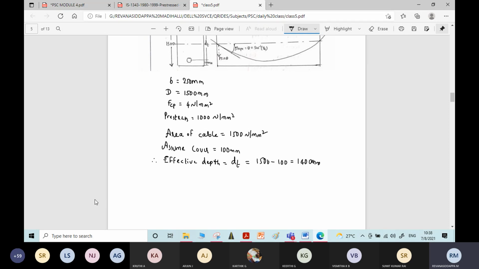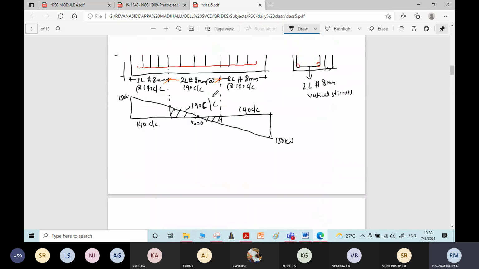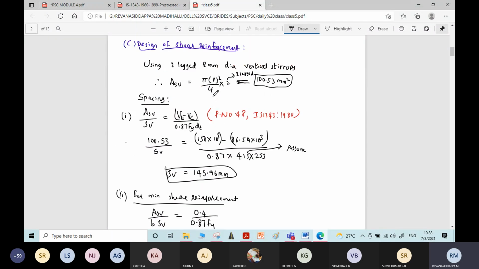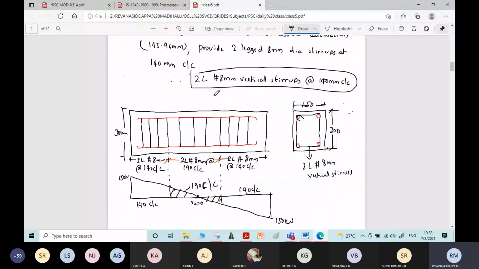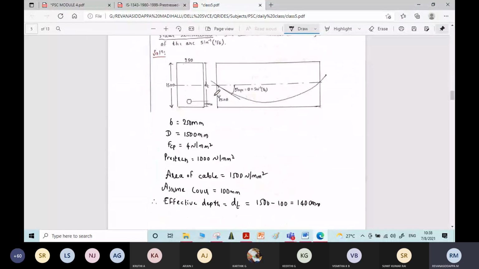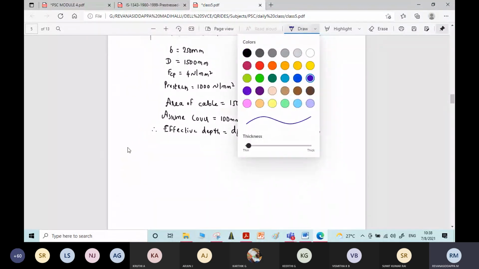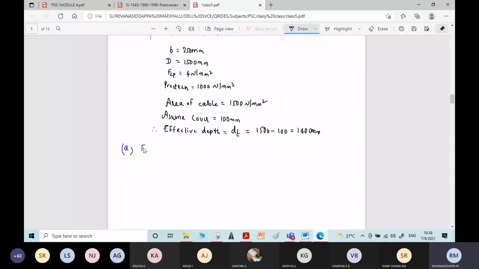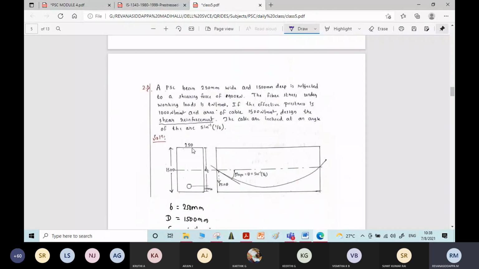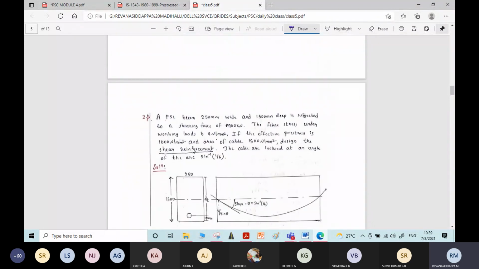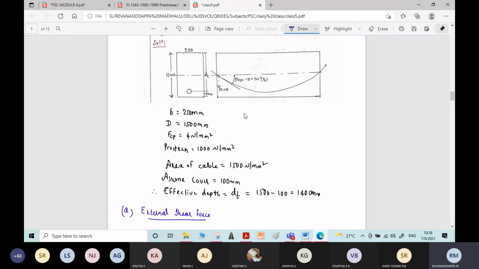Now you follow the procedure. First you calculate the external shear force. Step 1, external shear force V is given as 900 kilonewton.